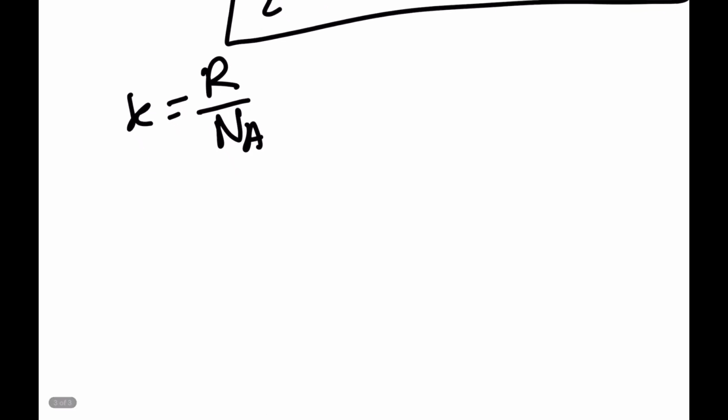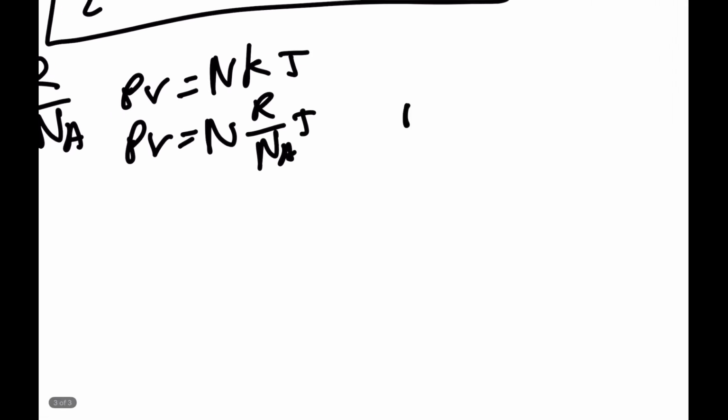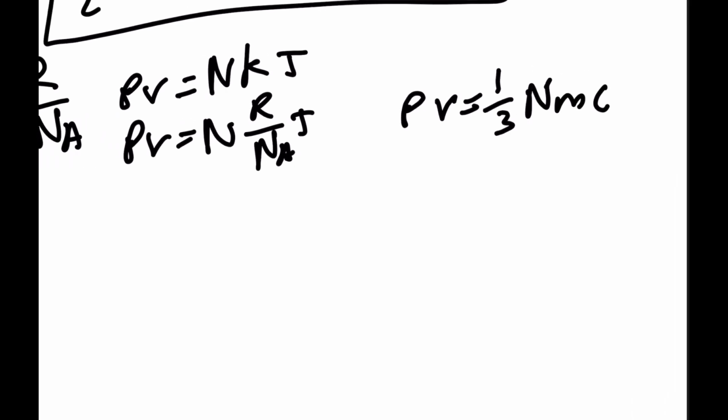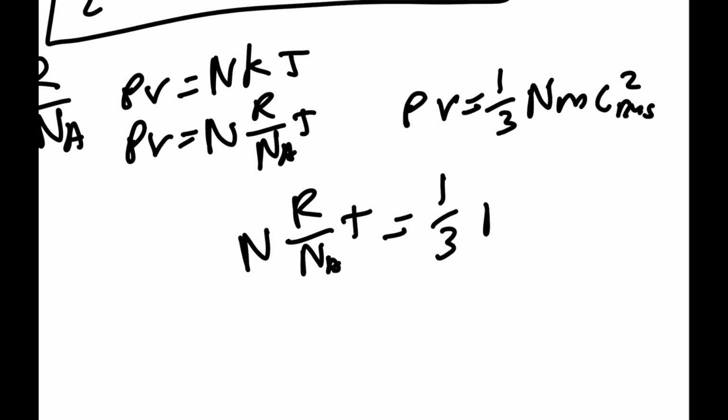If we substitute this into PV is equal to NkT, we'll get PV is equal to n R/N_A T, and if we use the other equation, PV is equal to a third N m c_rms squared, and we equate, we'll get n R/N_A T is equal to a third N m c_rms squared.